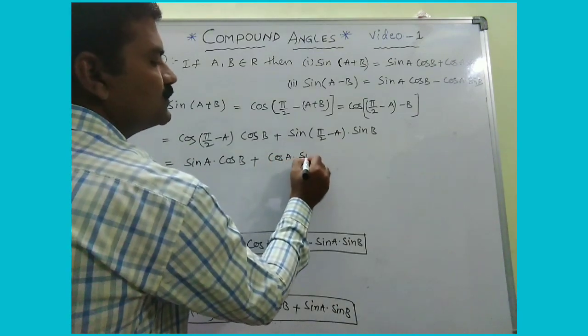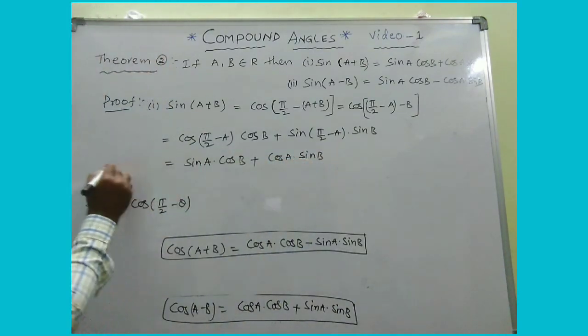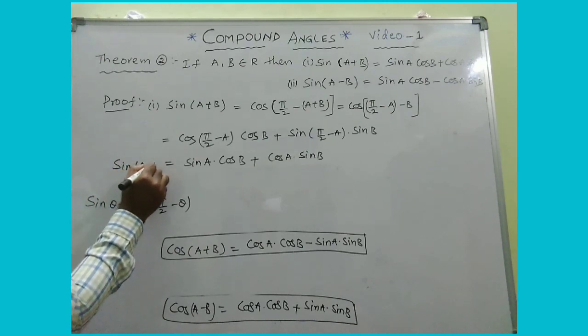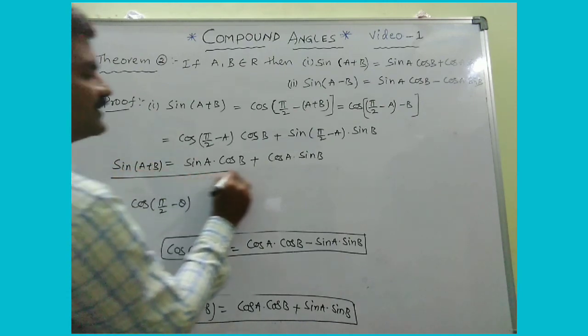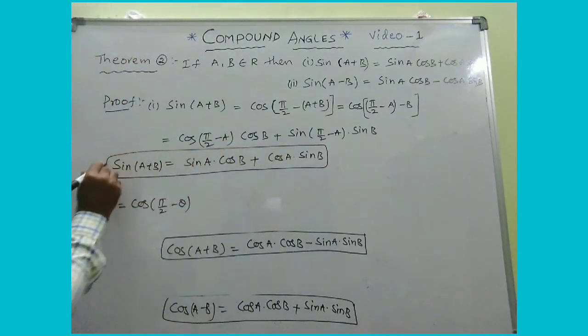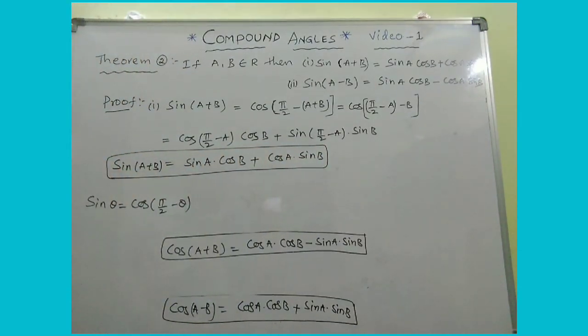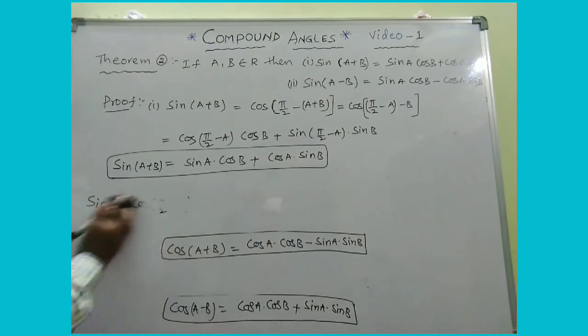Cos A into sin B, which is the formula we considered at the very beginning, A plus B. Hence, therefore, sin of A plus B is nothing but sin A into cos B plus cos A into sin B.